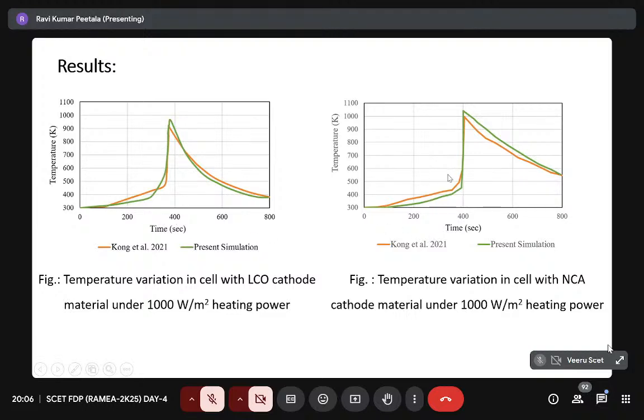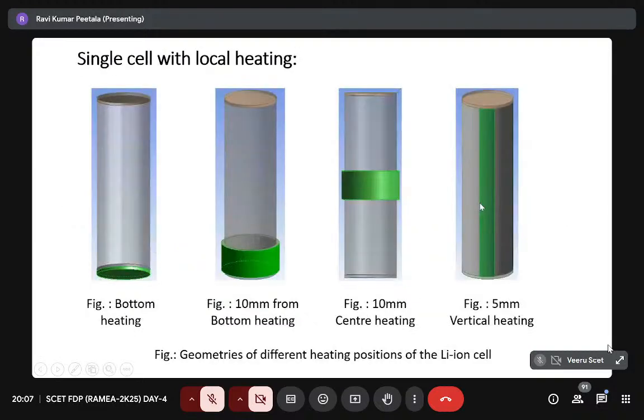This is another cell, where I use NAC cathode material and 1000 watt per meter square, to find where the thermal runaway occurs.